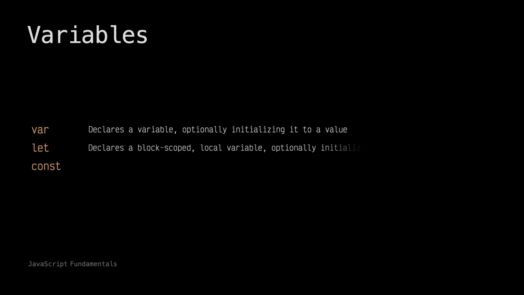The let keyword is similar to the var keyword with the addition of declaring a block scope. The const keyword declares a block scope. This keyword must be initialized to a value. A constant cannot change its value.